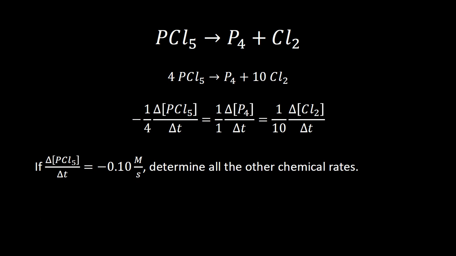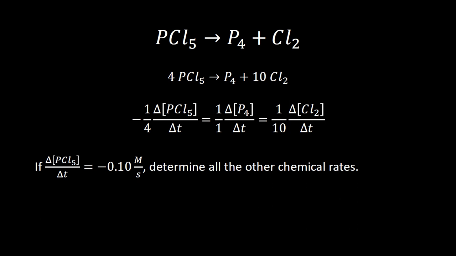One example being the decomposition of phosphorus pentachloride into P4 and molecular chlorine. Well, to balance that chemical equation, that would be 4 molecules of PCl5 break down into 1 molecule of P4 and 10 molecules of Cl2.